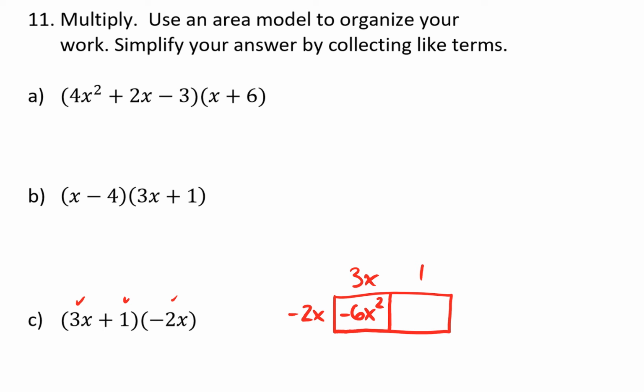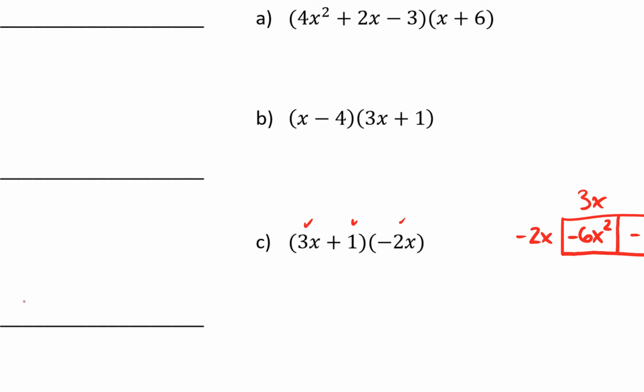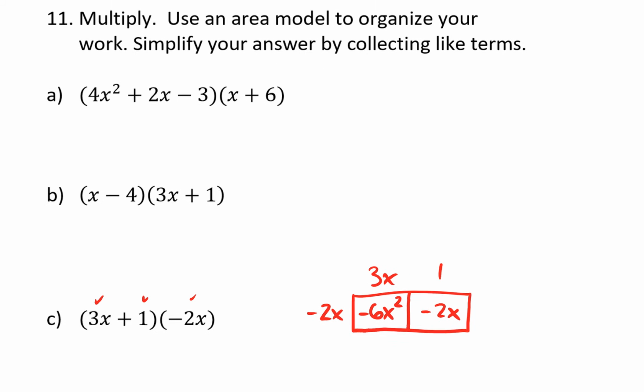So I've got to have that x squared in there. Negative 2x times 3x is negative 6x squared. And then I've got a negative 2x times 1, which is just negative 2x. So that product, and I can write it down here in this bottom box, is negative 6x squared minus 2x.